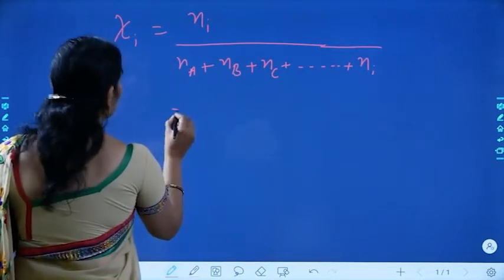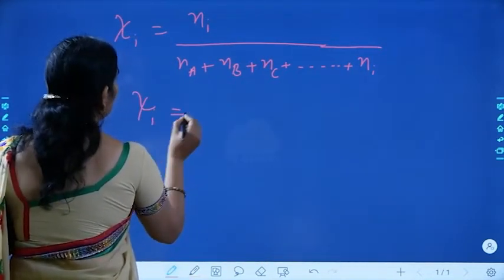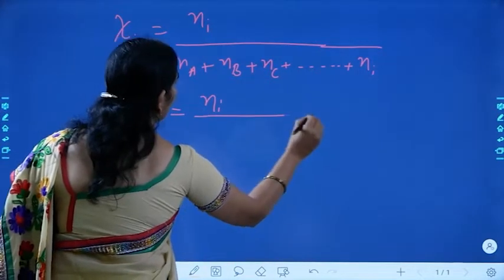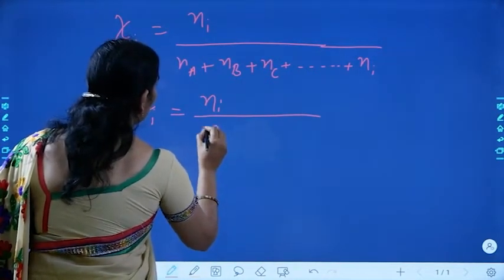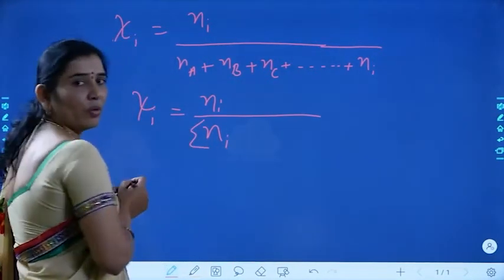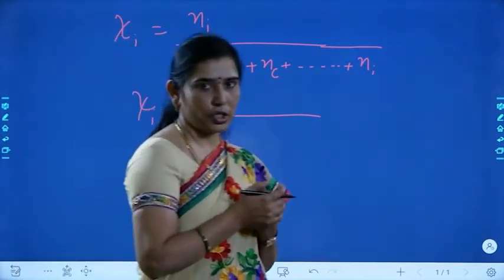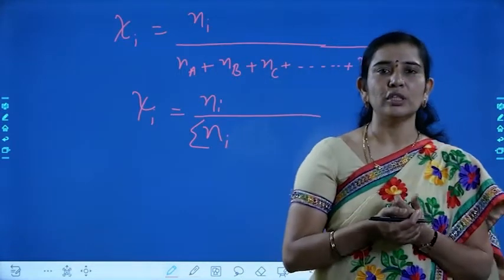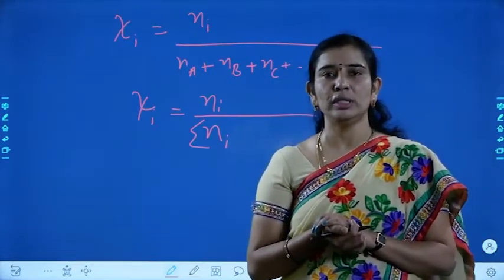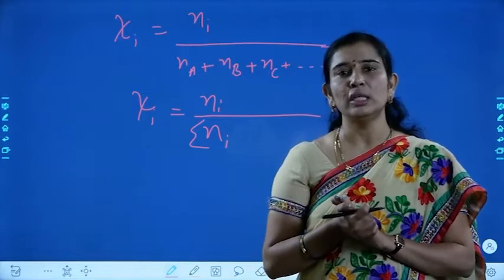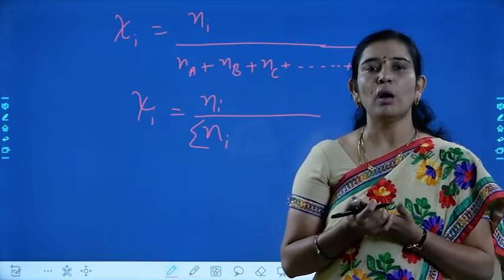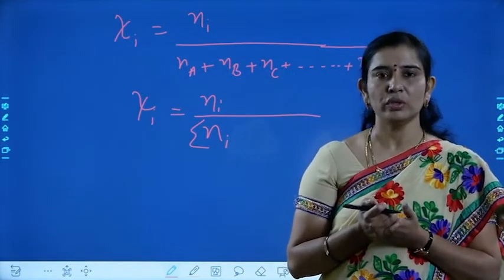Or else you can say Chi i is equal to Ni divided by sigma Ni. So like this, you can define the mole fraction concept in order to determine the strength of the solution if the solution contains many components. I hope you understood.